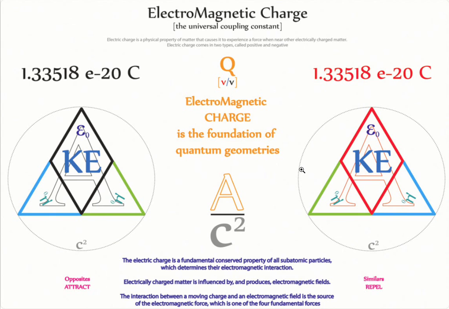This gives us time. So quantized angular momentum per c squared, or per spherical coordinate system, per region of space, is in fact time.